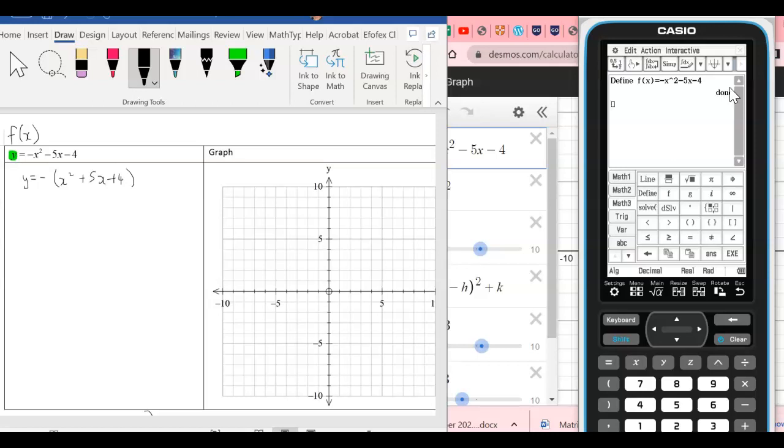Now, if you've had a lot of stuff on your calculator, it might be a good idea to clear all before you start, because you may have done stuff months and months ago and it's still on your calculator. If you ask your calculator to do something, it's going to remember that.